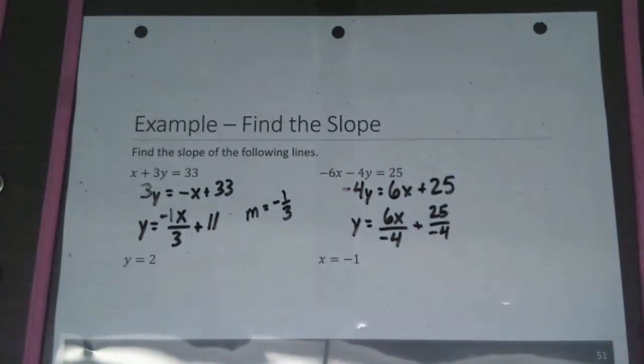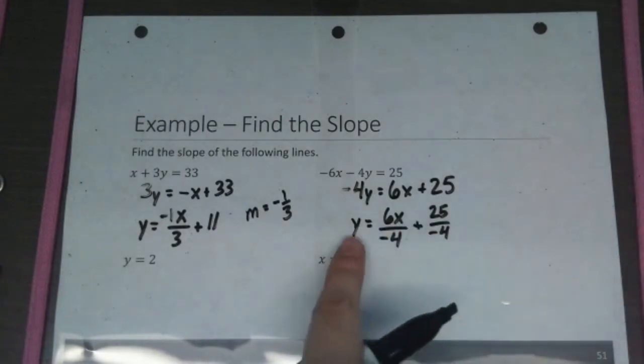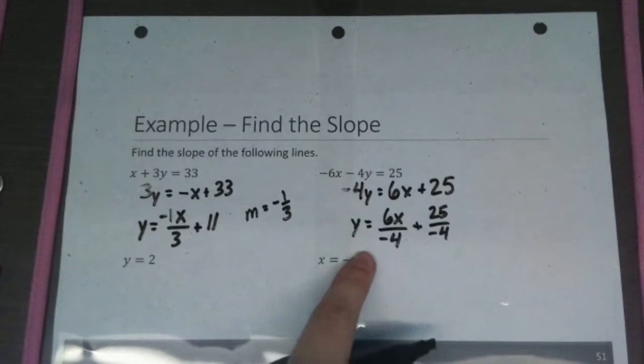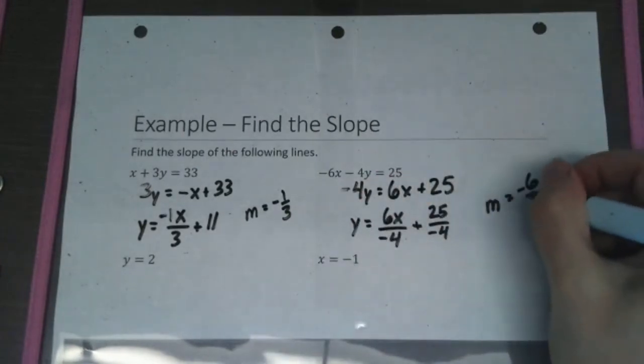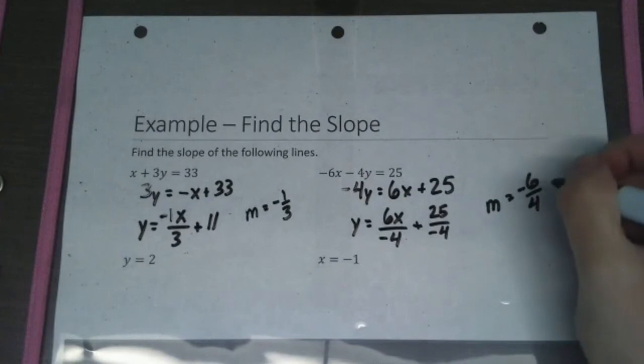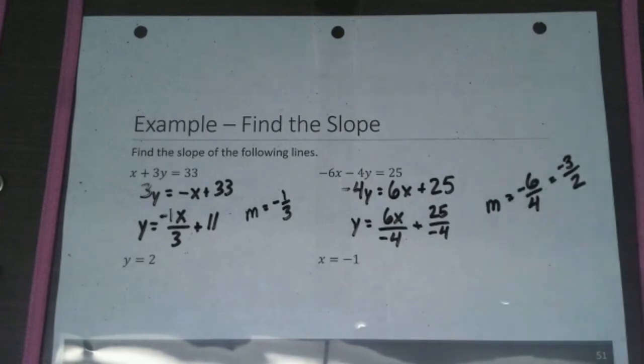I'm only interested in the slope here, the coefficient on x. The number in front of x is 6 over negative 4. So my m is negative 6/4, which if I divide numerator and denominator by 2, is negative 3/2.